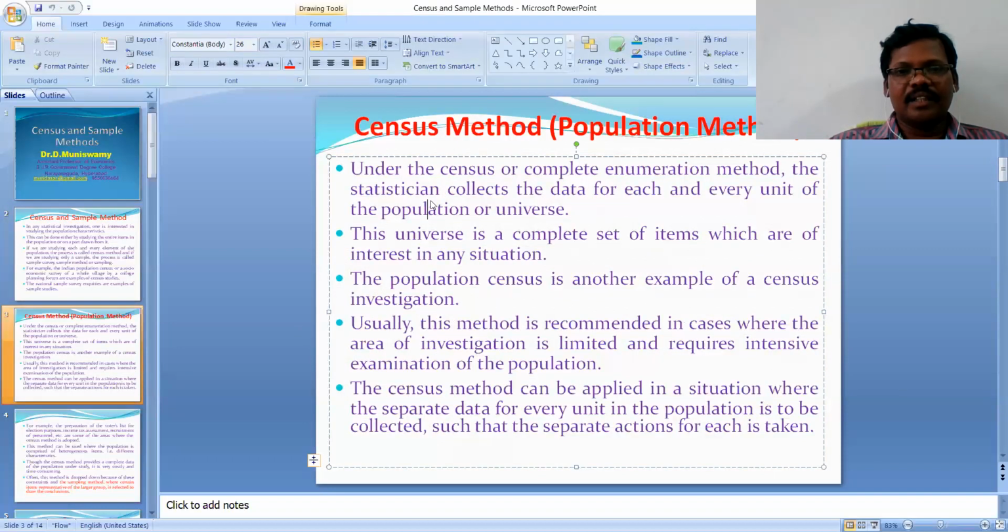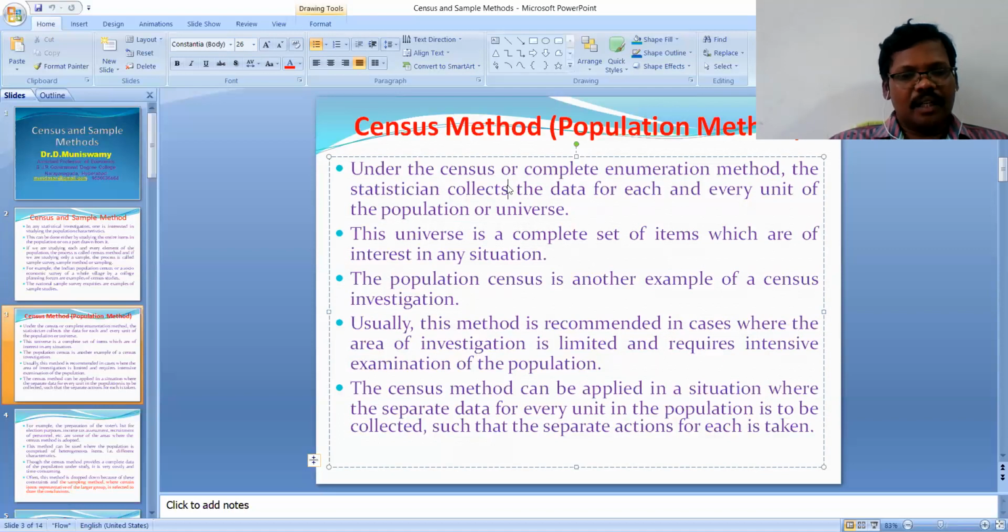Under the census or complete enumeration method, the statistician collects the data for each and every unit of the population or universe. Universe is nothing but all. It will take the data from all the people who are directly involved in this particular aspect. That is known as the census method.